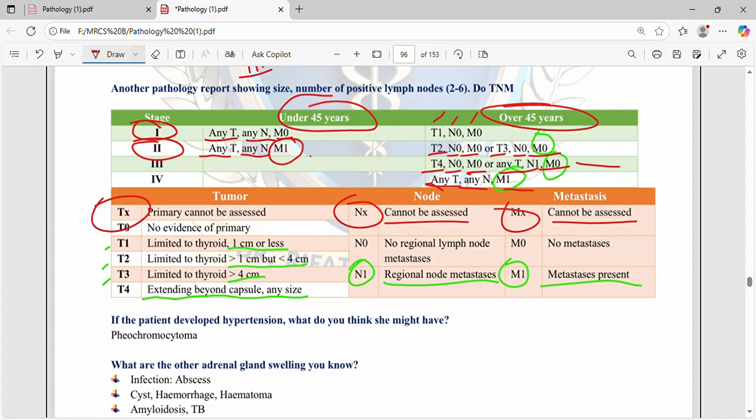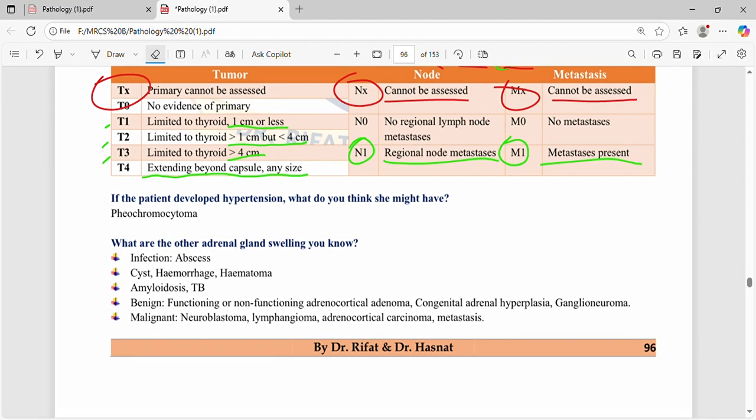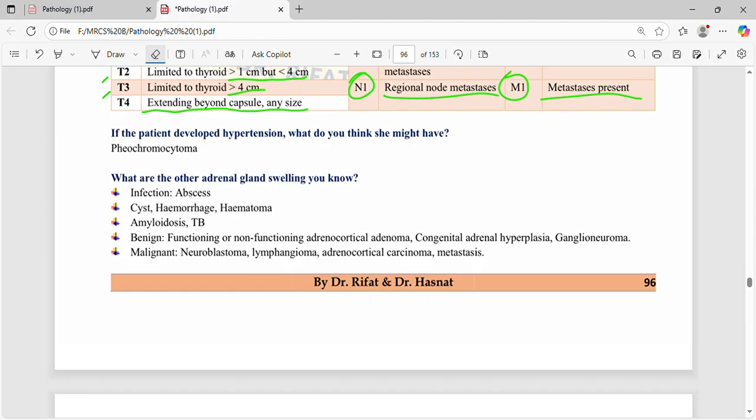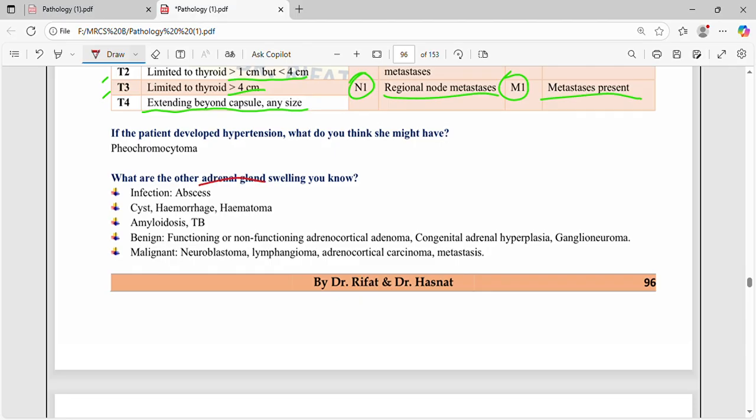So if the patient develops hypertension, what do you think she might have? She will have pheochromocytoma. It's a feature of pheochromocytoma, and it also comes in the triad. What are the other adrenal gland swellings? It can be infection, abscess, cyst, hemorrhage, hematoma, amyloidosis, and TB.